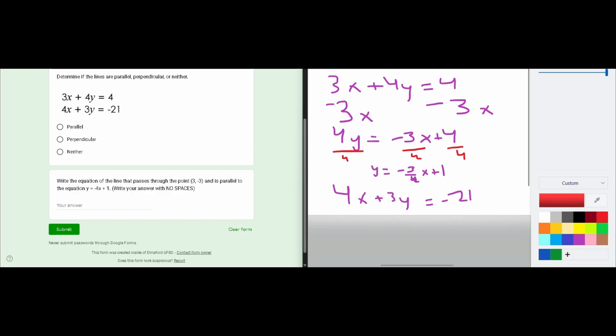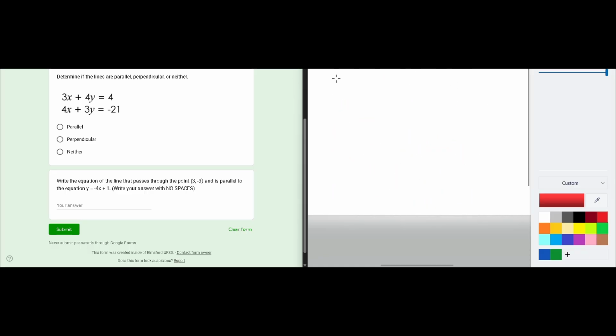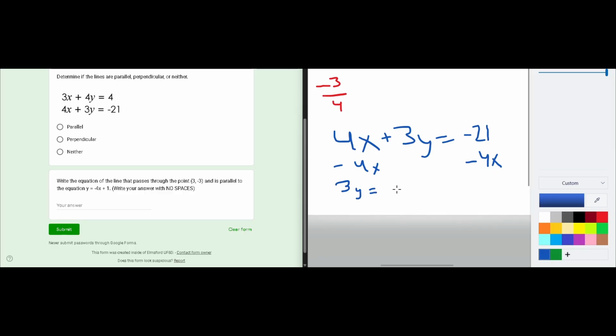And for our second equation, we will subtract 4x on both sides to get 3y by itself. But 3y must be y by itself. So we will divide both sides by 3.